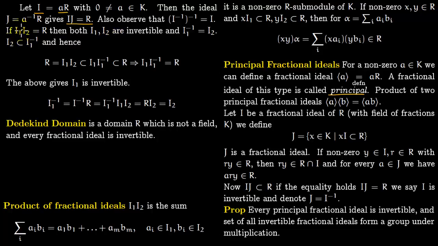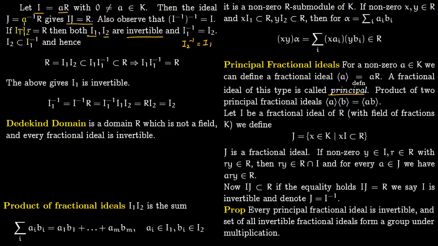Now we will prove this kind of tautological statement. If the product of two fractional ideals I1 and I2 is R, then both I1 and I2 are invertible, and I1 inverse is I2 and I2 inverse is I1. We are just going to show that I1 is invertible and I1 inverse is I2, and since this is a commutative ring, everything will follow for I2 also.